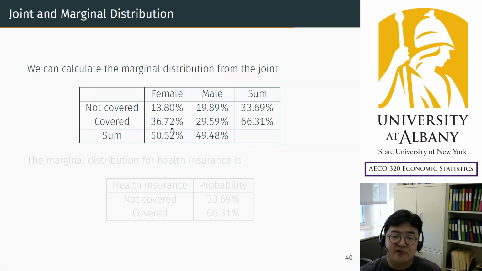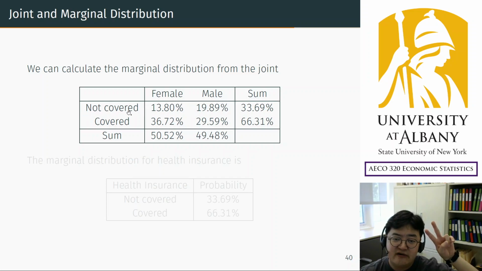The idea is simple. If you are interested only in health insurance, you need only 2 probabilities: the probability of not having health insurance and the probability of having health insurance. Each of them can be calculated by adding these 2 probabilities.